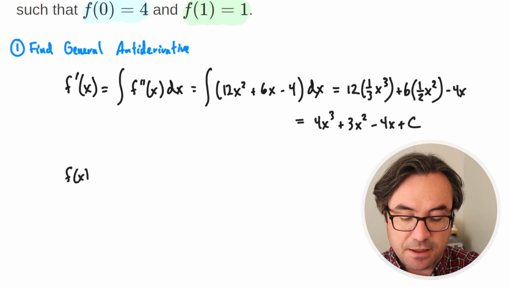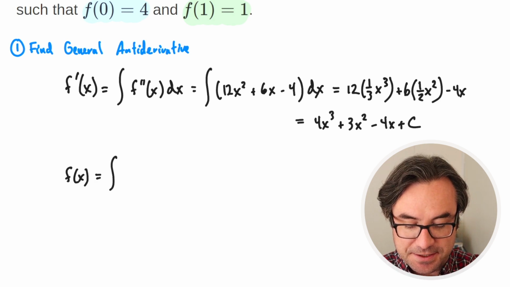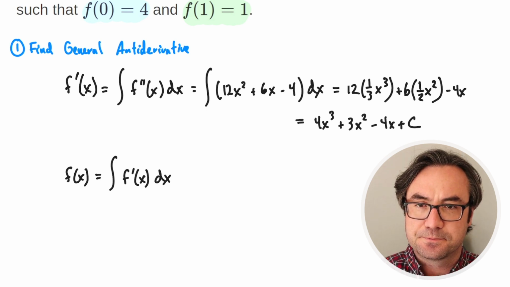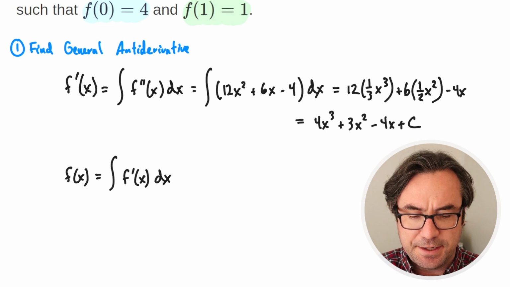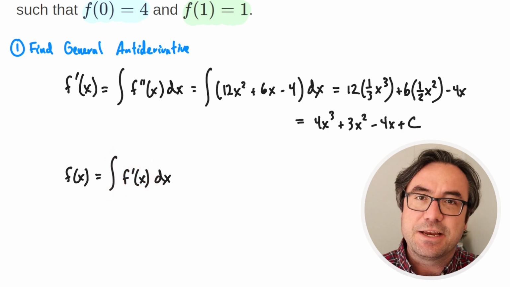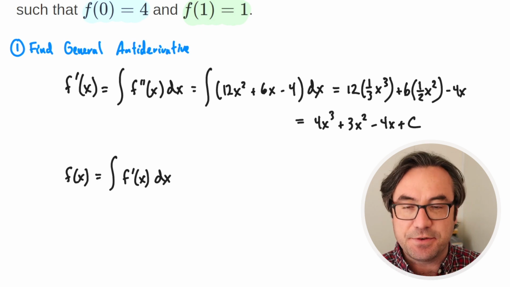to get little f. So we're going to integrate now our first derivative. Integrating the first derivative, you want to think of integrals and derivatives as opposites of each other.